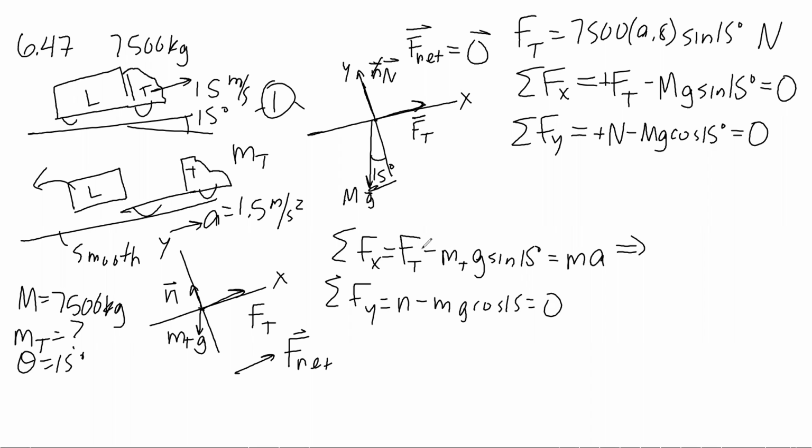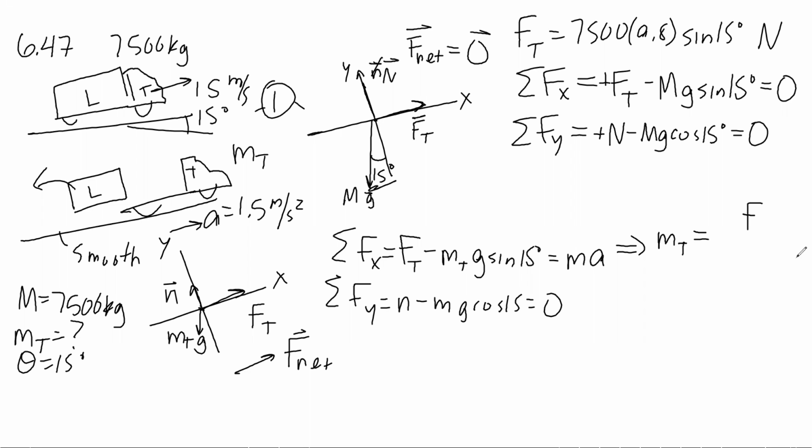We know g, we know sine 15, and the force of the truck found in the first part. It ends up being that the mass of the truck is equal to the force of the truck.